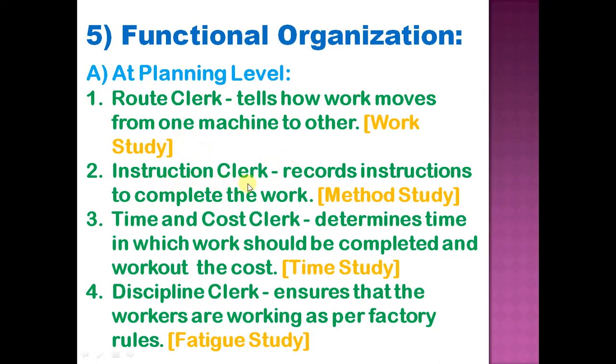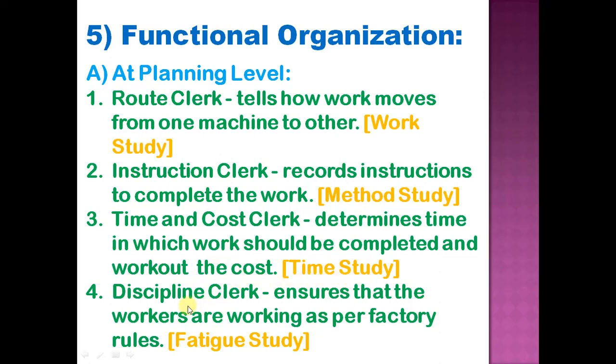He will record all the instructions to complete the work. He will undertake the method study. He will determine the correct method to do the work. The third will be the time and cost clerk. He will determine the time in which work should be completed and he will work out the cost also. So he will undertake time study.